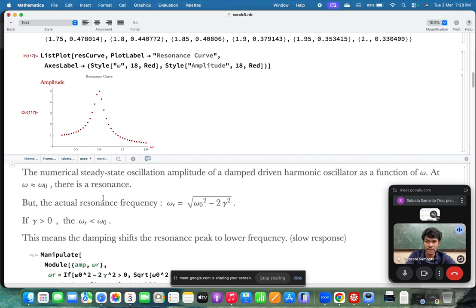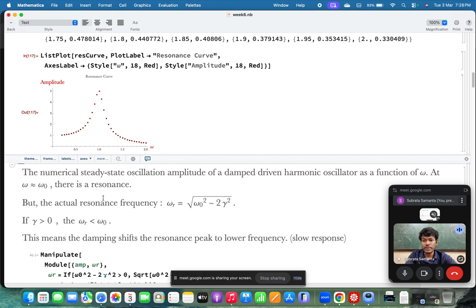We see how the amplitude changes as a function of omega in the steady state solutions, because I only observe late time behavior. At omega close to omega naught, we observe a resonance, and that is what we should expect.